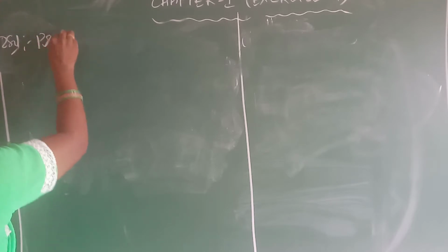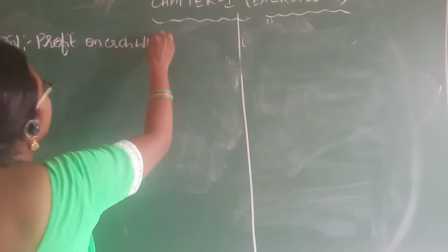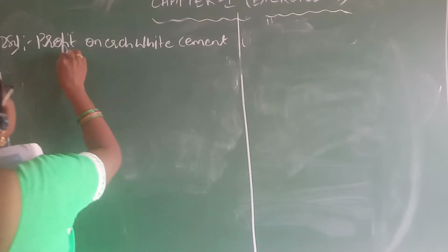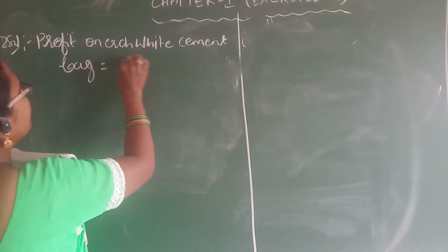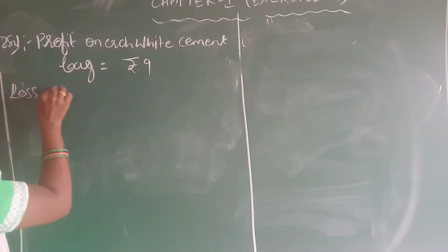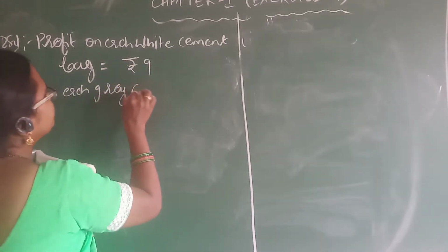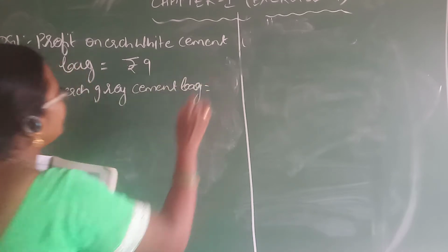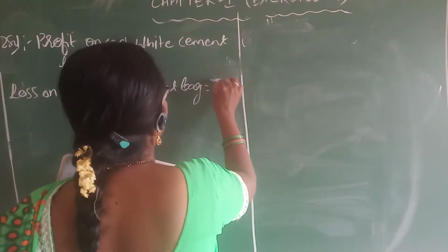Profit on each white cement bag is equal to rupees 9, and loss on each grey cement bag, they are getting a loss of rupees 5.